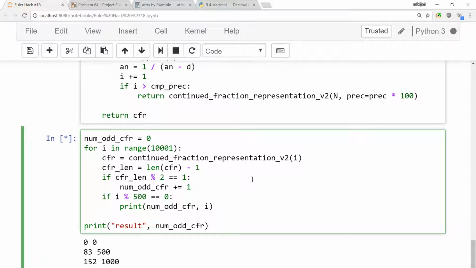It's like 23 minus 16. Okay, so I have to take the square of the number.